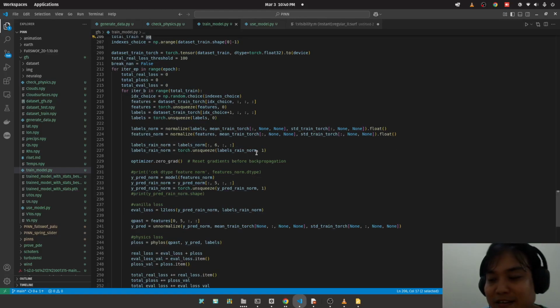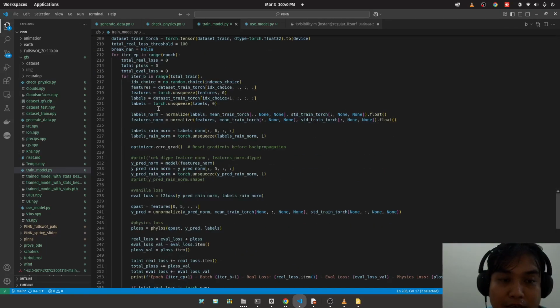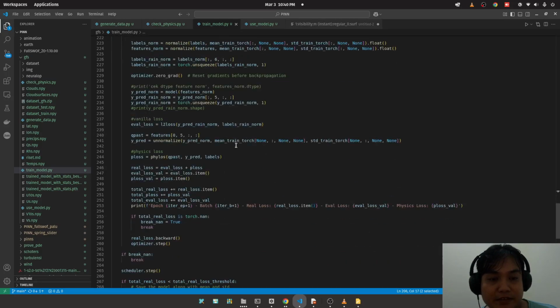That's why I'm only using around 58 data, and only using a single gradient. I'm only using a single data point for every training step instead of a mini batch.